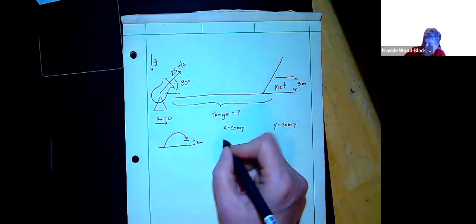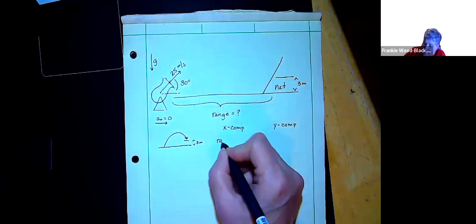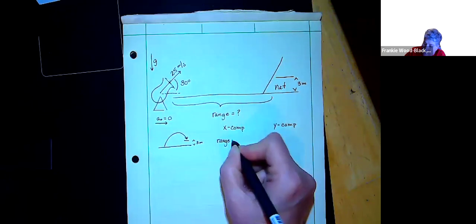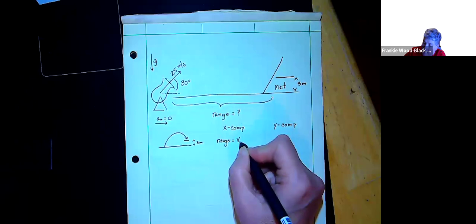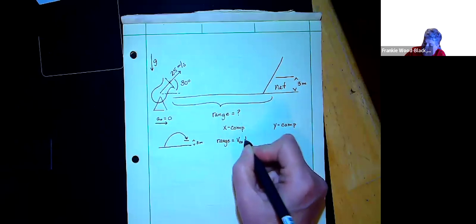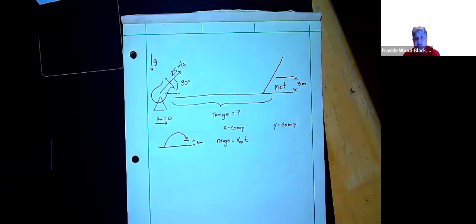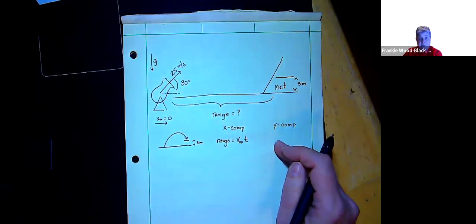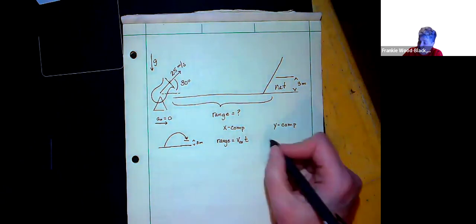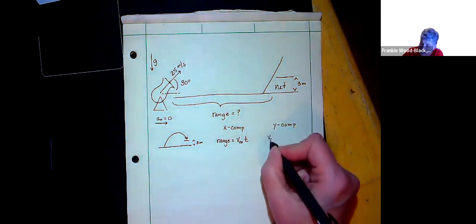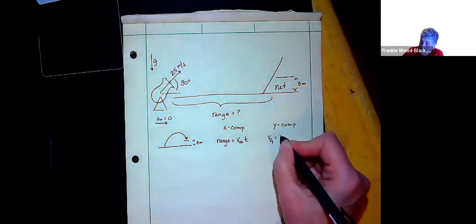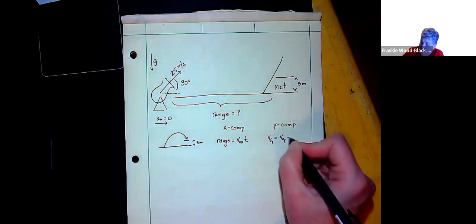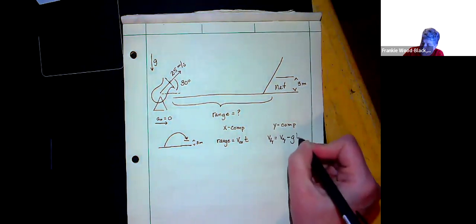So my equations that I'm going to have is I'm going to have my range is going to equal my initial velocity in the X direction times whatever time I'm going to be at. Now my Y components are a little different. Okay, my Y components, I can have velocity final in the Y direction is equal to velocity initial in the Y direction minus gravity times time.